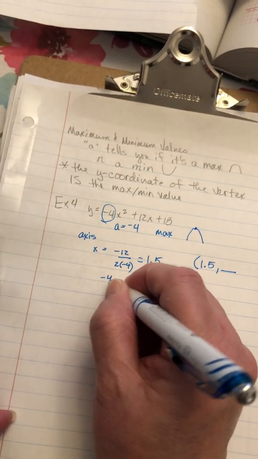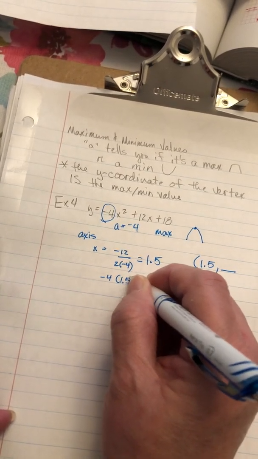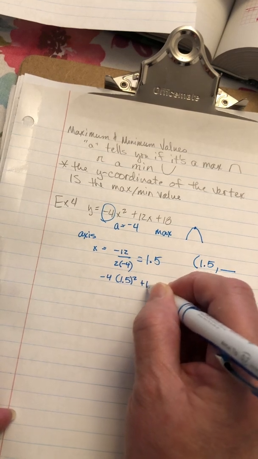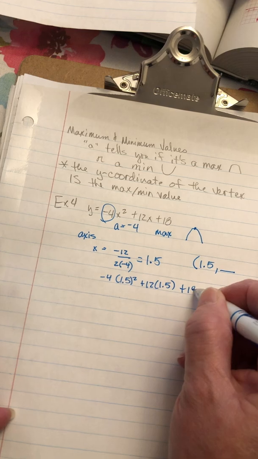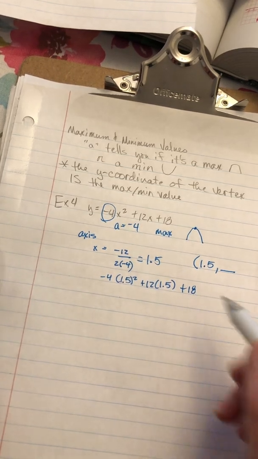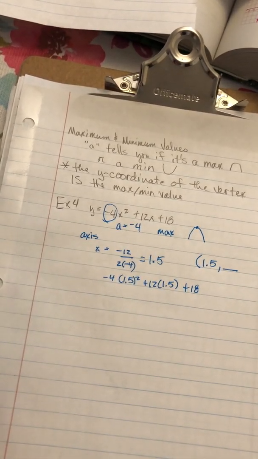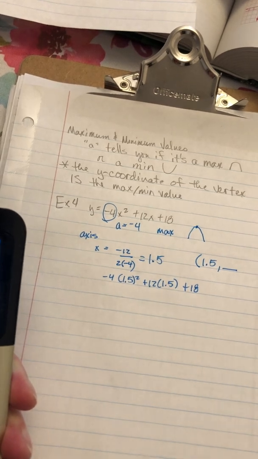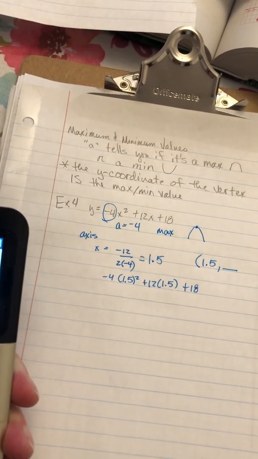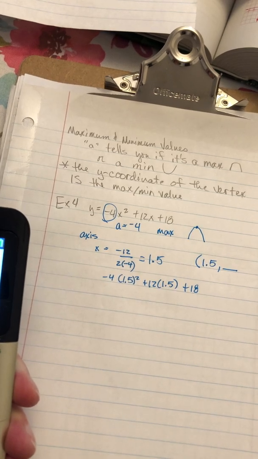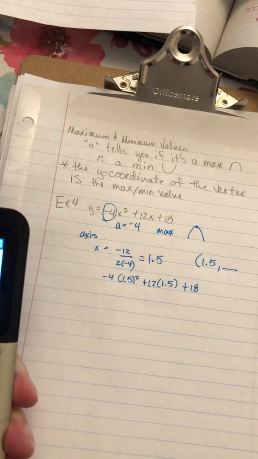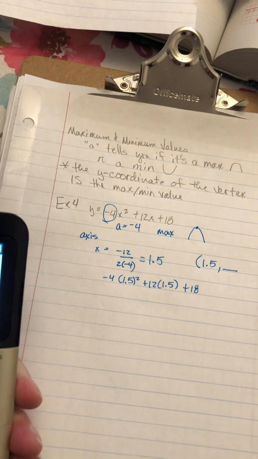So negative 4 times 1.5 squared plus 12 times 1.5 plus 18. I don't want to graph this. The y-intercept is at 18. Negative 4 times 1.5 squared plus 12 times 1.5 plus 18 is 27.